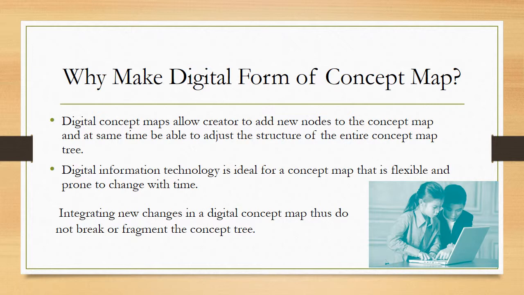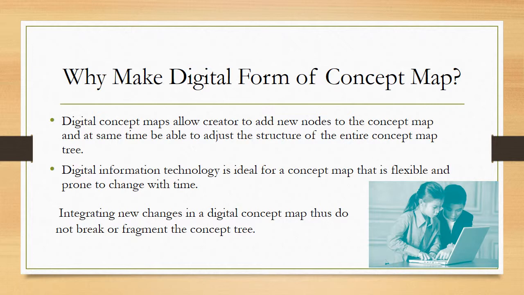In a manual hand-drawn concept map, the whole concept map tree would have to be redrawn if new knowledge nodes were introduced at a position preceding existing nodes. Digital information technology is ideal for information that is flexible and prone to change with time.